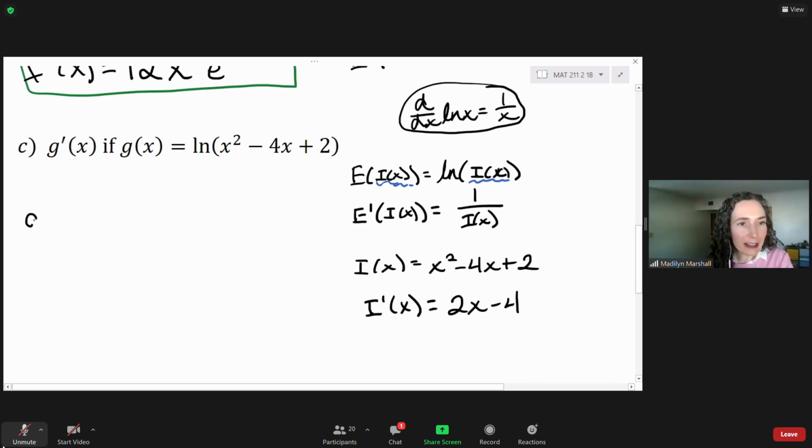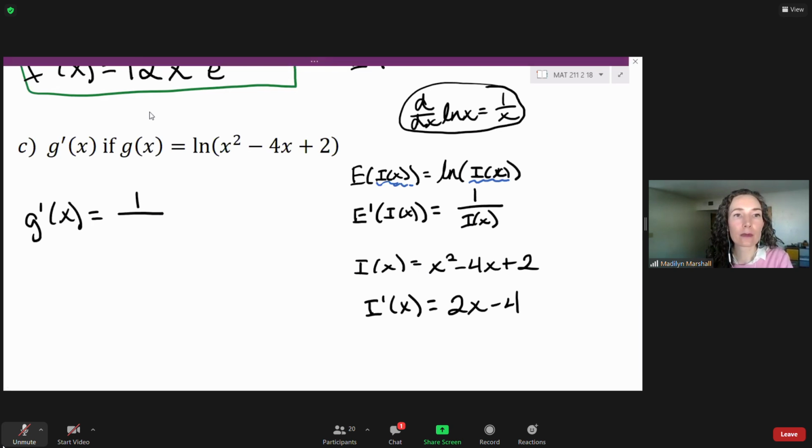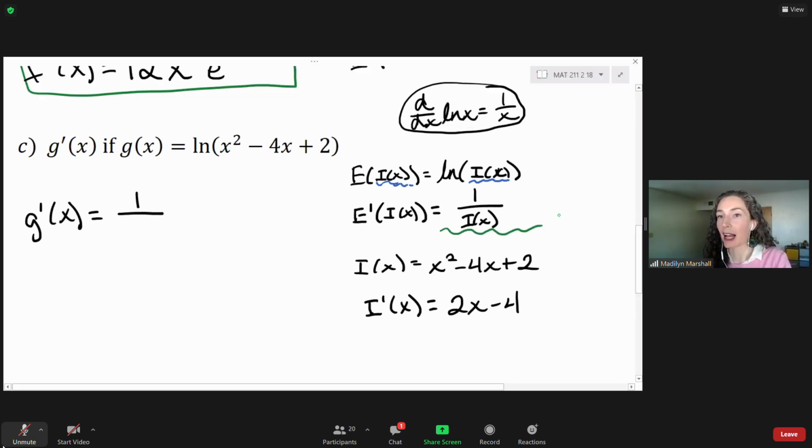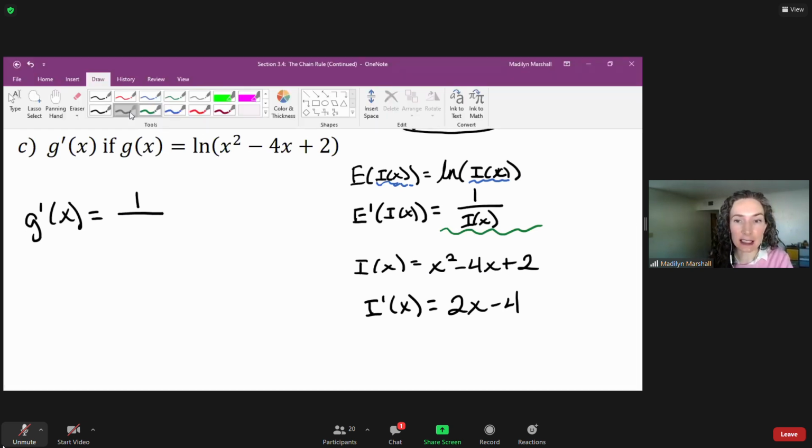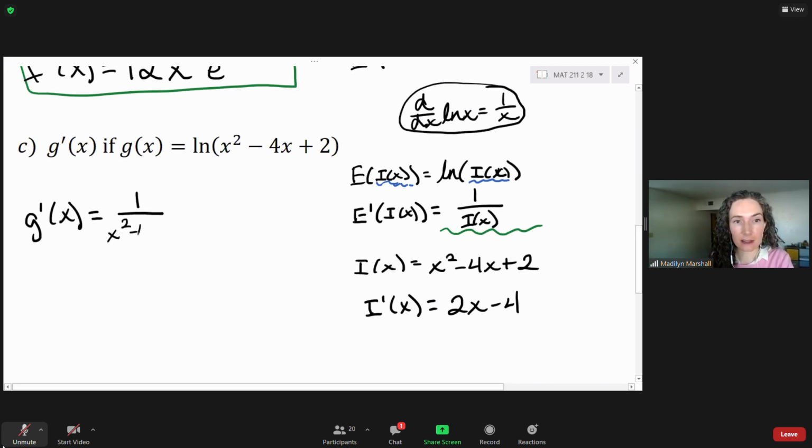So we have the derivative of our function g, our original function, is the derivative of the exterior, e prime of I of x, which is 1 over, but now we have to plug I of x back into that thing. So I of x is all of that. So that's our derivative of the exterior.